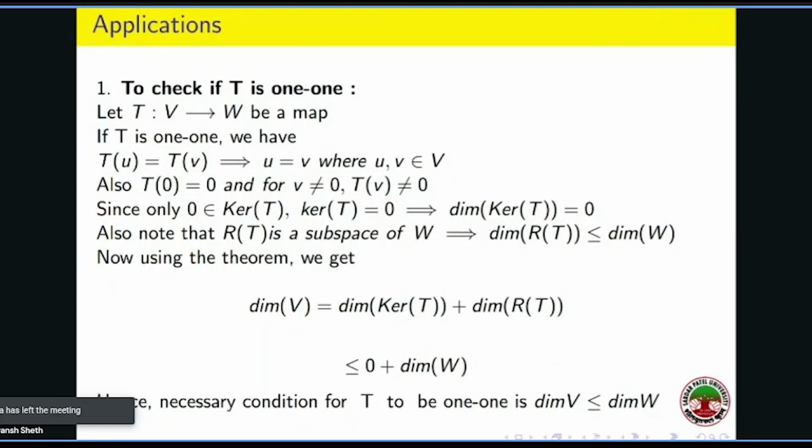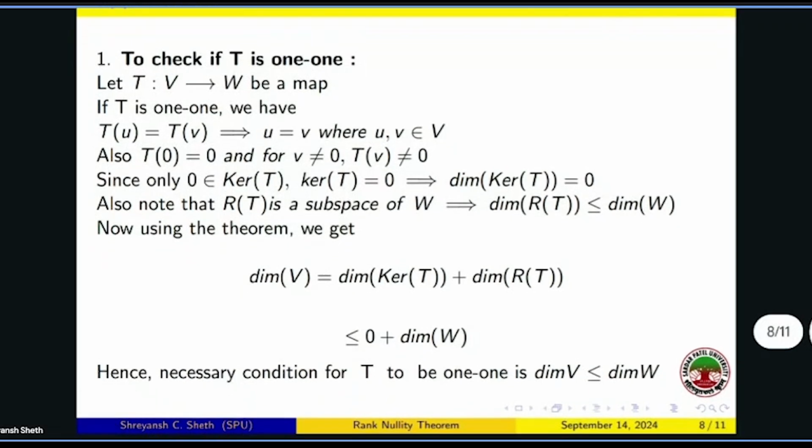If T is 1-1, then by definition we have T of u equal to T of v implies u equals v, where these vectors u, v are from the domain space V. Since T is 1-1, we have T of 0 is equal to 0, right? And kernel T will only have the 0 element, and we know that the dimension of the 0 space is 0, right?